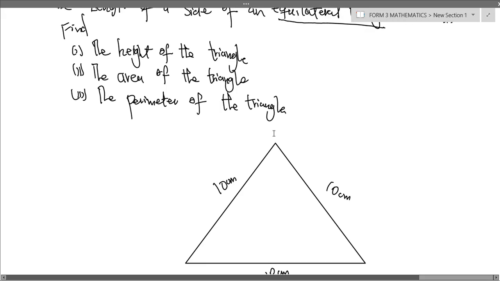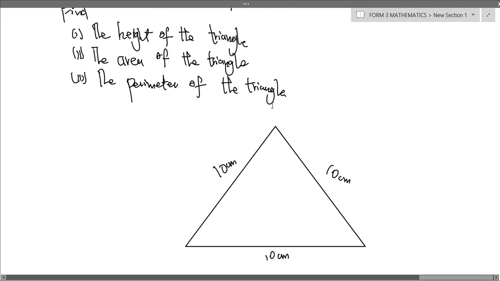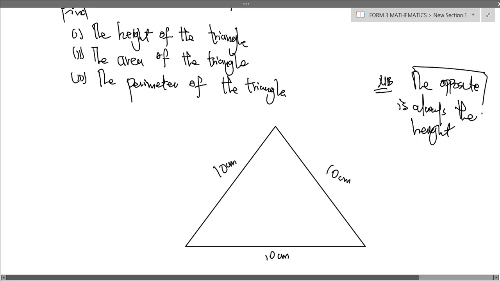So the question is, we should find the height. Now in every triangle, the opposite is always the height. Take notice of this.